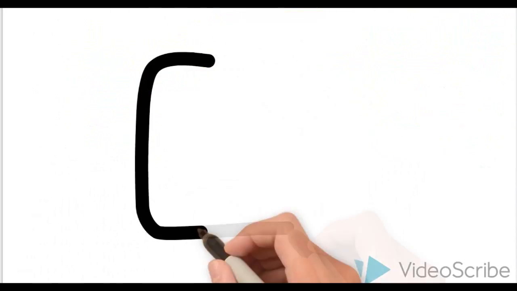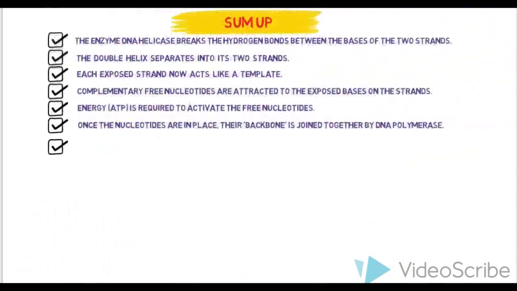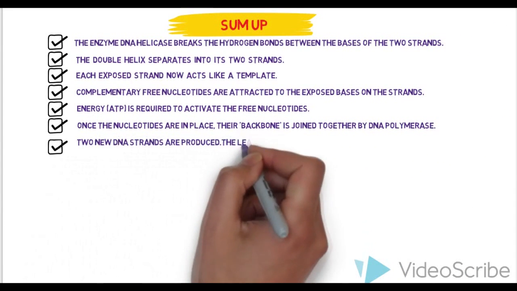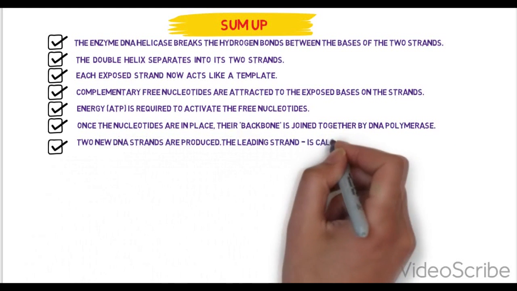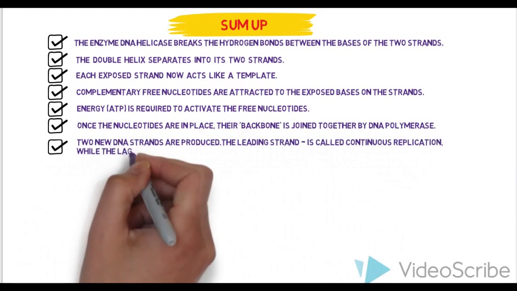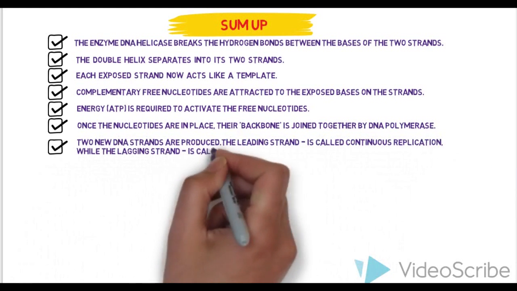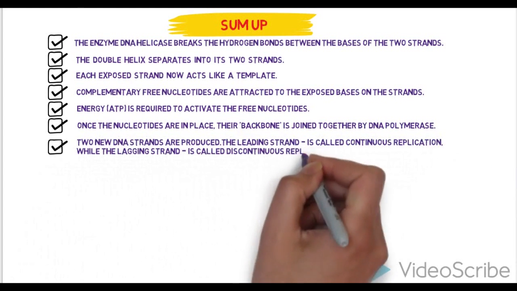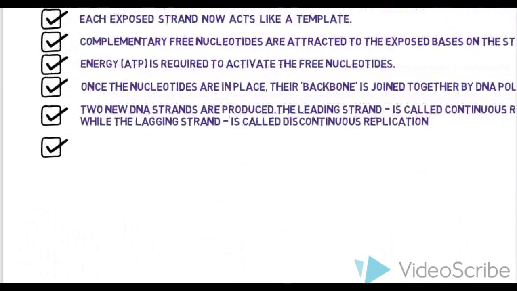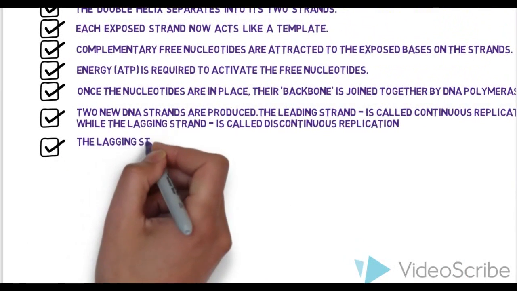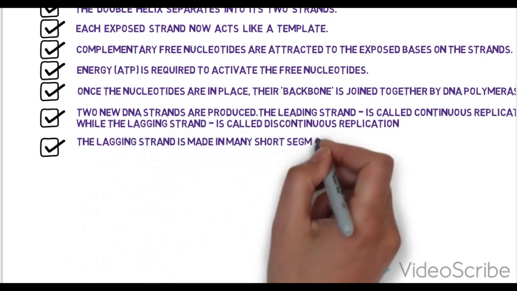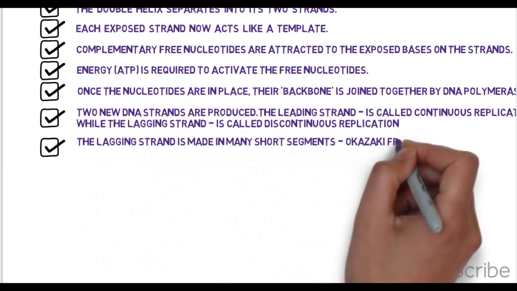Seventh, two new DNA strands are produced. The leading strand is called continuous replication, while the lagging strand is discontinuous replication. Next, the lagging strand is made in many short sequences, the Okazaki fragments.